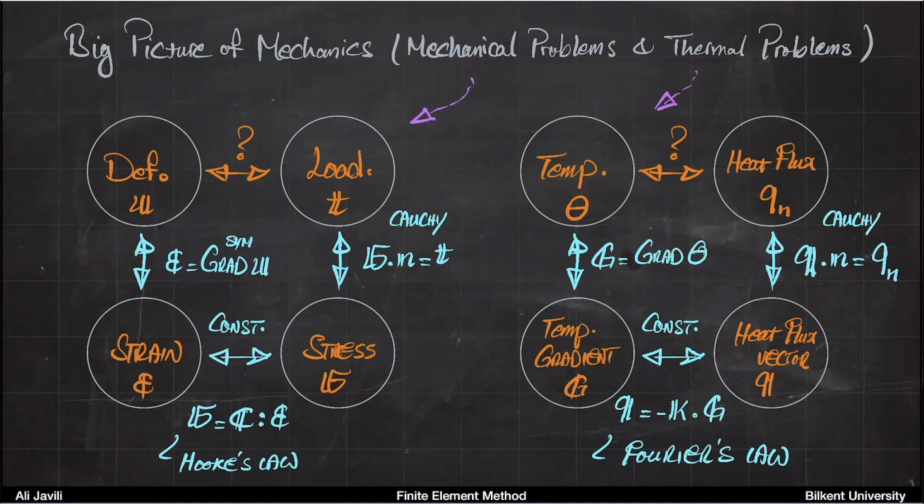Also, most of the time we talk about 2D, but everything that we say is also valid for a thermal problem. But not only is it valid for a thermal problem, it is valid in a stronger sense, in that in a thermal problem, G, which is equivalent to a strain in a mechanical problem, is a vector.